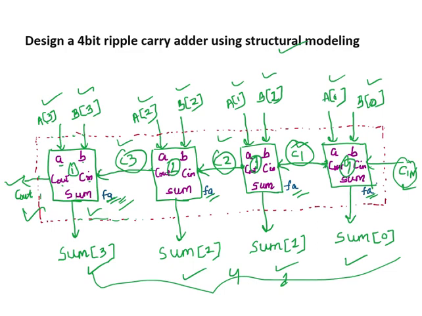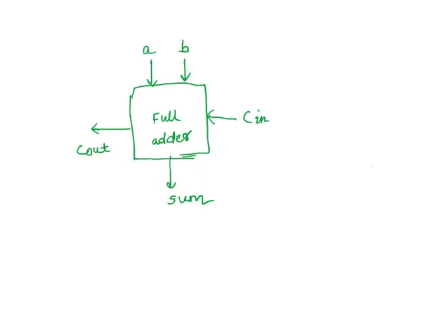So what is the input and output for this full adder? One is A, another is B, then C in is the input, sum is the output, carry out is the output. So this is the block diagram for your full adder. So 2 inputs, here you can see 2 inputs, then C in is 1 input, then I have taken sum as output and carry out as output.